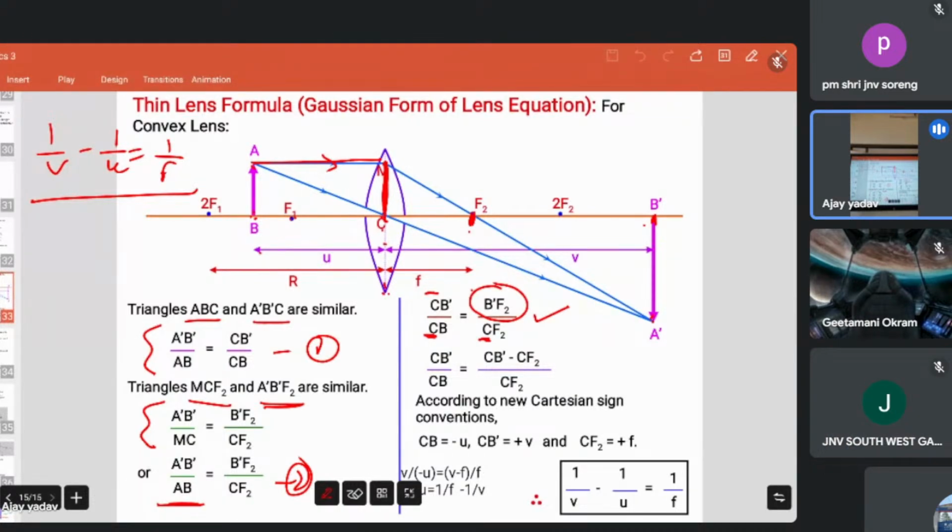Now again we use sign convention. CB, the object, is minus u. CB dash, the image, is plus v. CF2, the focus, is plus f. We put these in and solve, and we get the equation 1 by v minus 1 by u equals 1 by f.